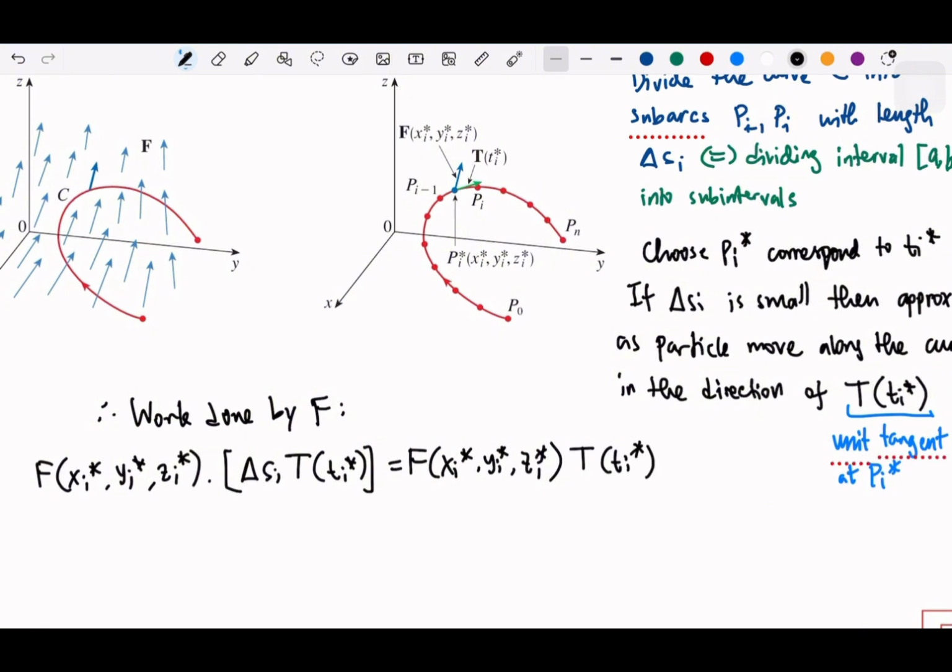So the T is a vector, F is a vector. We can write this in front, and then we factor the delta S. The delta S is a scalar. Okay.